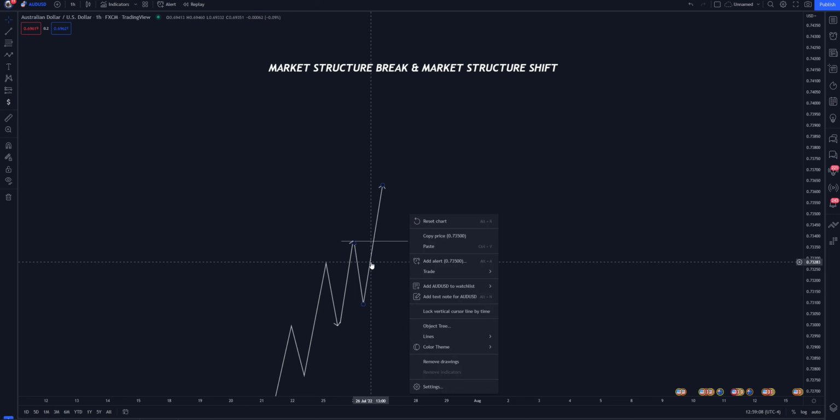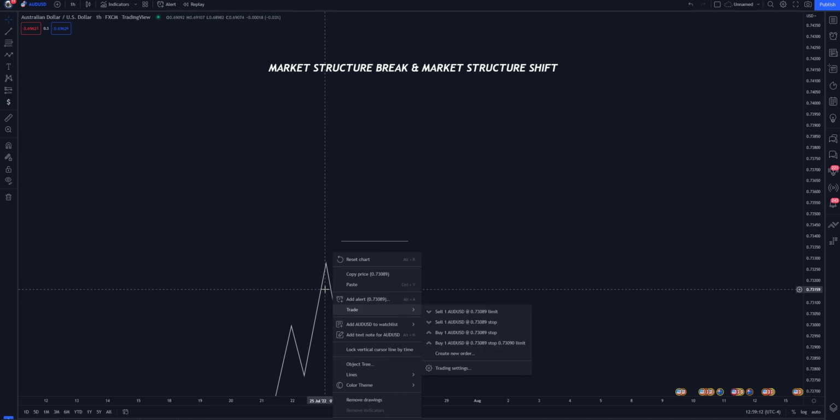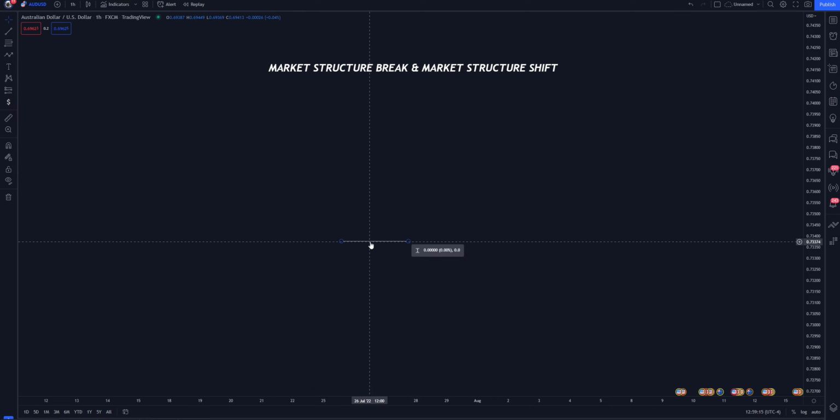Let's learn that in a bearish market condition, so it's clear. Similarly, when price is creating lower low, lower high, lower low, lower high, you want to look for market structure break. And how do we identify a market structure break? It is when price creates another lower low like that.